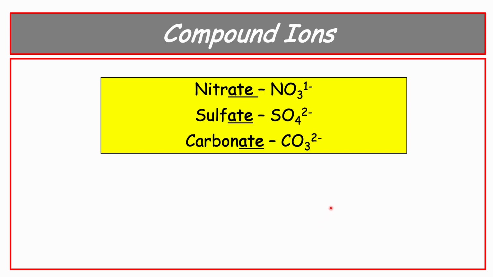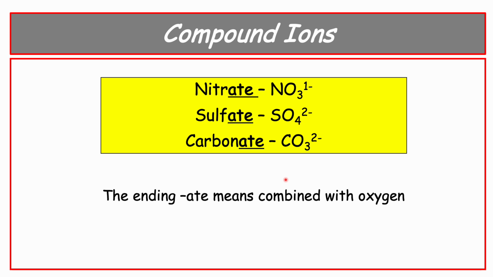If we focus on the nitrate, sulfate and carbonate, you can see from the naming they all have something in common, and that's that their names all end in -ate. But if you also look at the formula of each of these compound ions, they also have something else in common. They've all got oxygen in them.